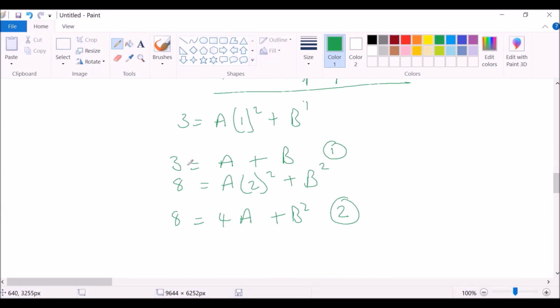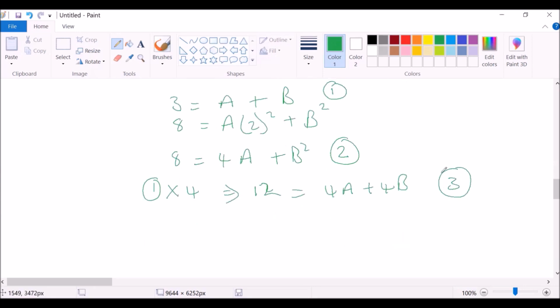So we solve these two equations simultaneously in order to obtain a and b. I'm using elimination, so I can say equation 1 times 4 will give us 12 is equal to 4a plus 4b. We have equation 3. We can go on to say equation 3 minus equation 2.